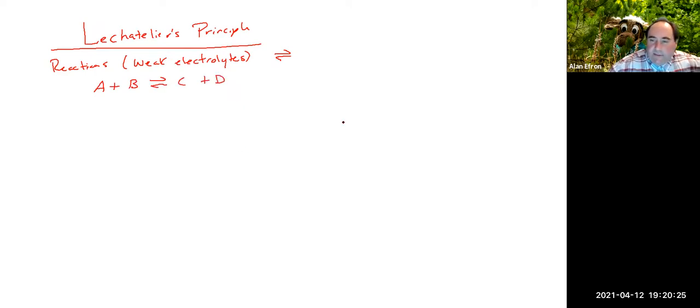As we talked about with electrolytes, what those arrows represent is what is referred to as a reversible reaction. And when we have a reversible reaction, it means the reaction could head in the direction of the reactants to products.